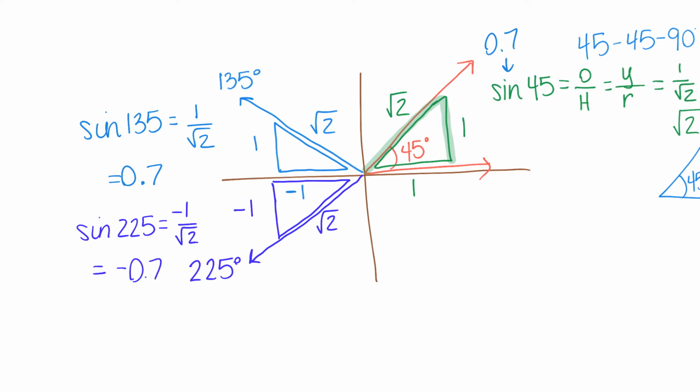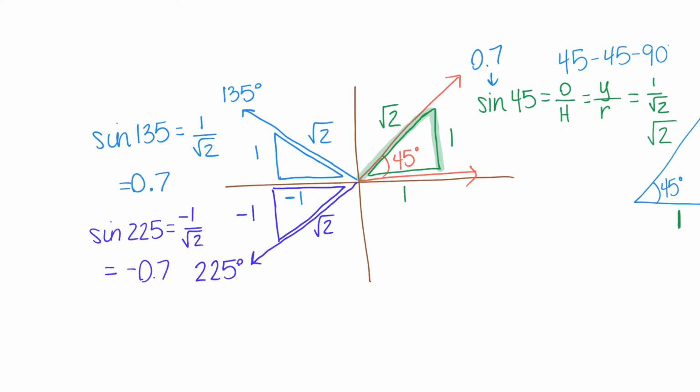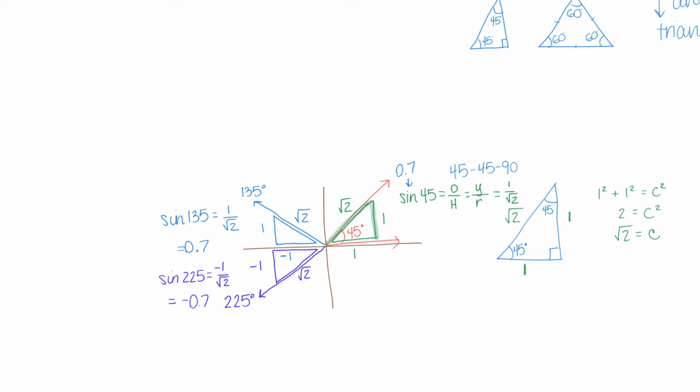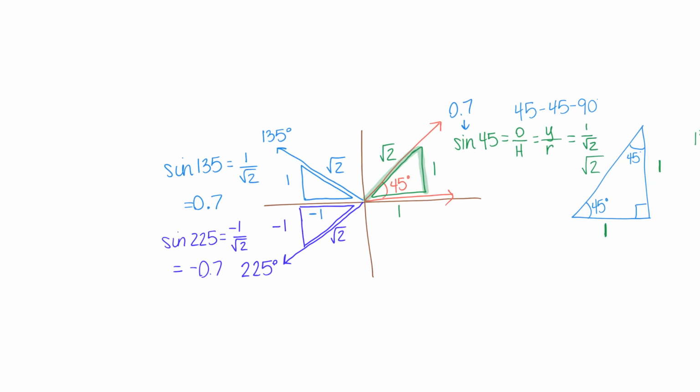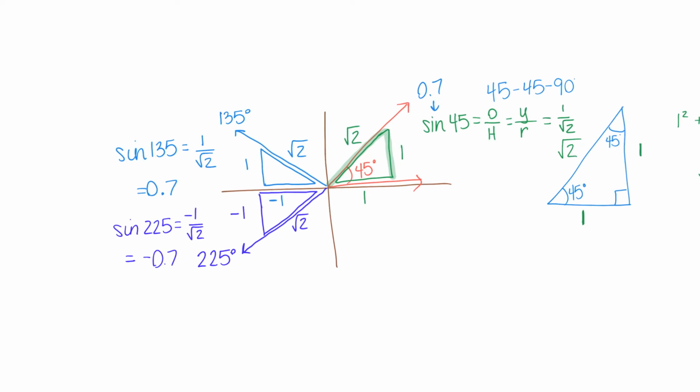All right, so that's how special triangles for 45 degrees work. They're really important. They're extremely useful. Let me just recap where I got this. For reasons we'll get to later, I picked 1 as the side length, because it's a nice number to reference.